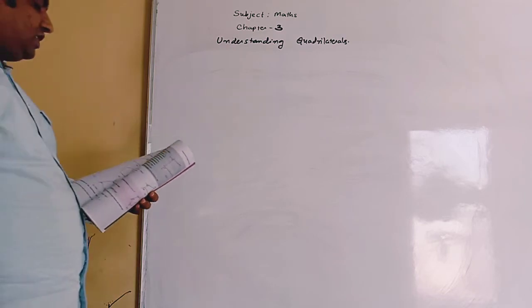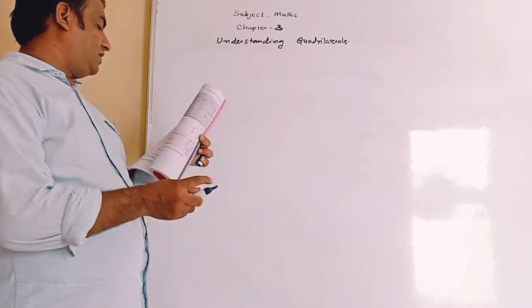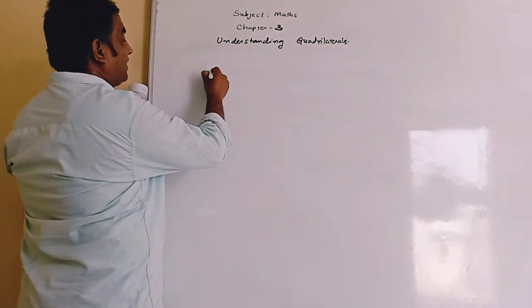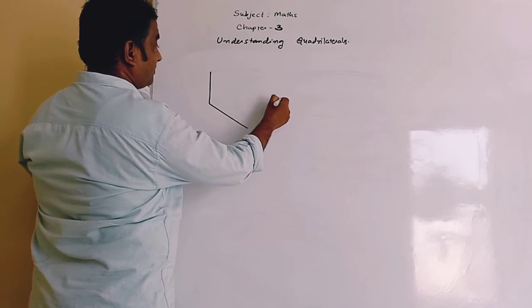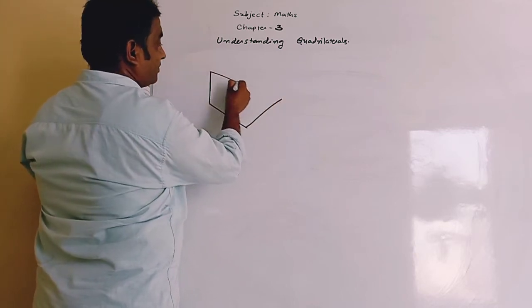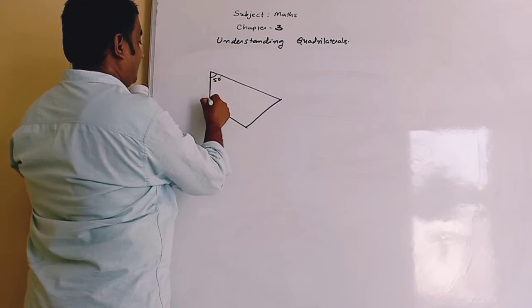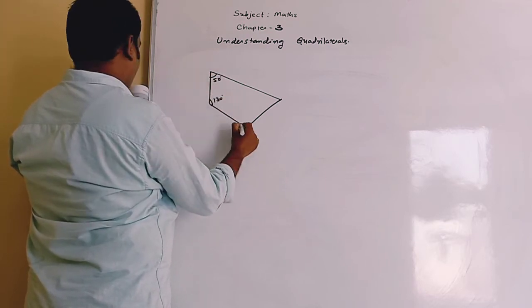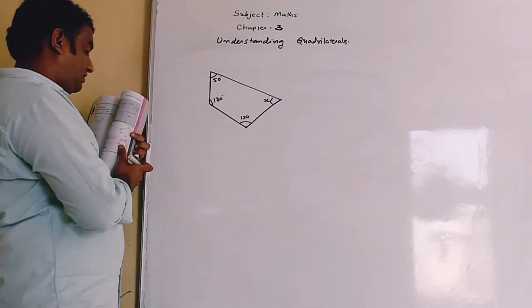Now we have question 6. Find the angle measure x in the following figures. So the first figure is given this way. Here it is given 50, here 130, here 120, here x.